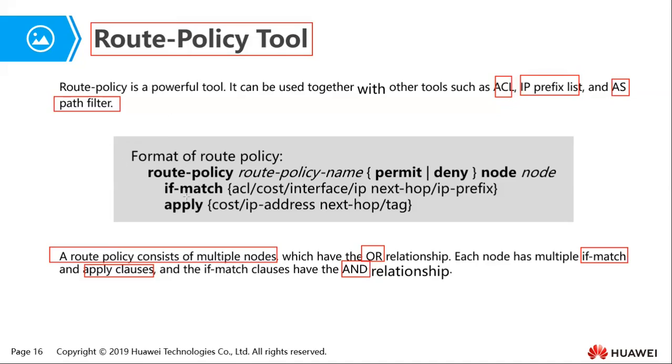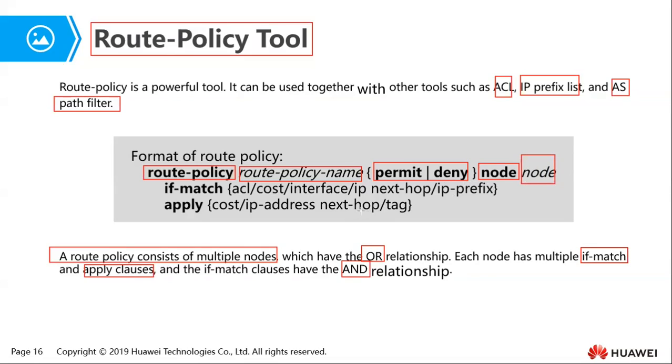Okay, so let's see how a route policy is formatted. You enter the keyword route-policy, then you give it a name. Then you use either a permit or deny clause. Then you enter the keyword node. Then you specify a number for the node. The node here is just like the index in ACLs and IP prefix lists.